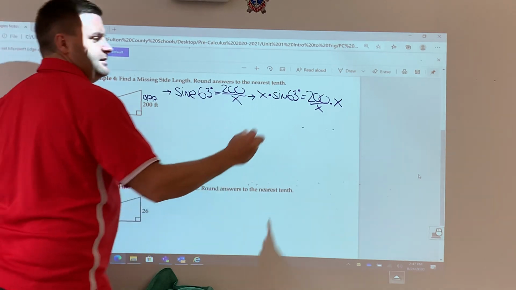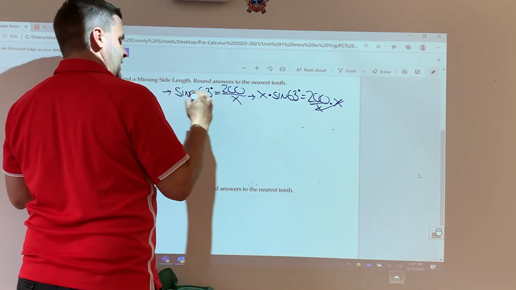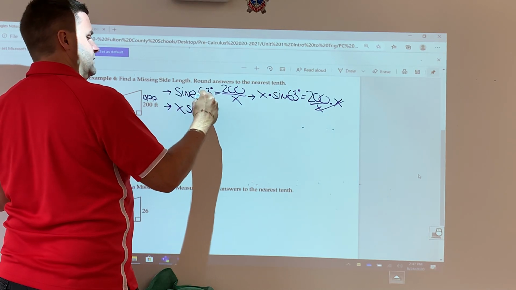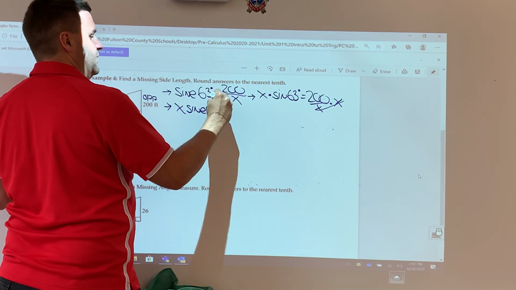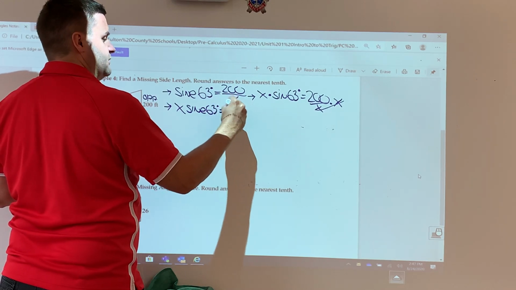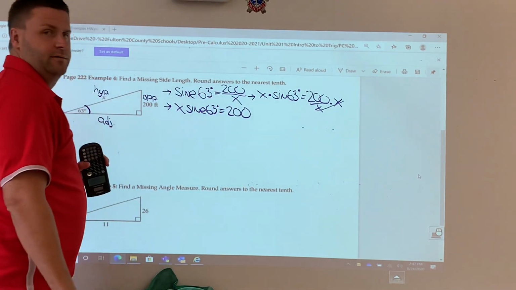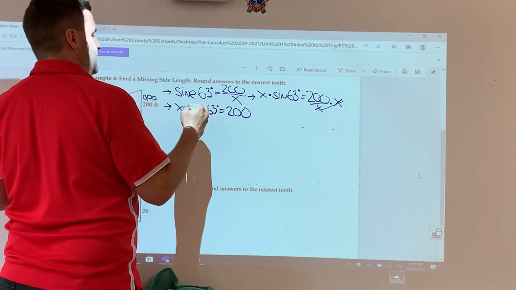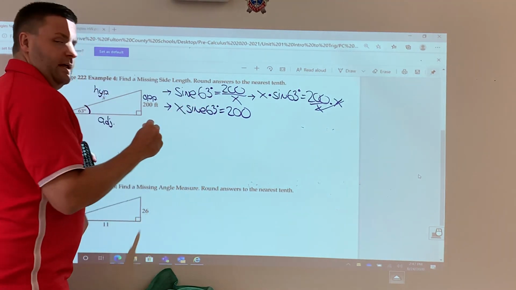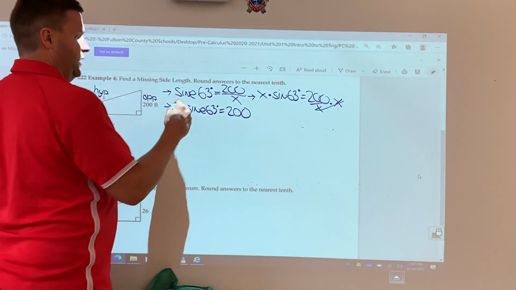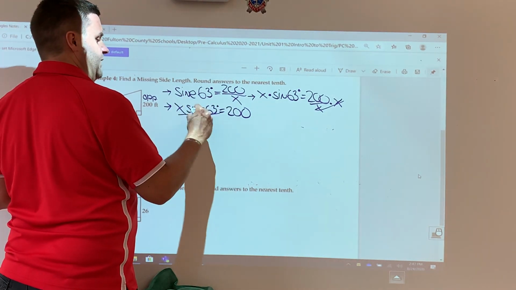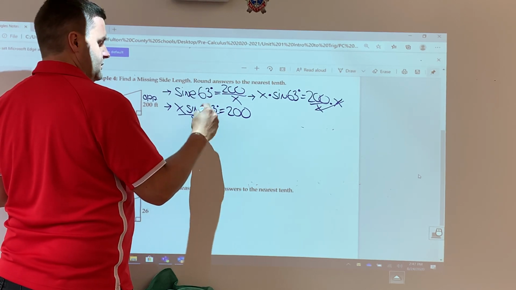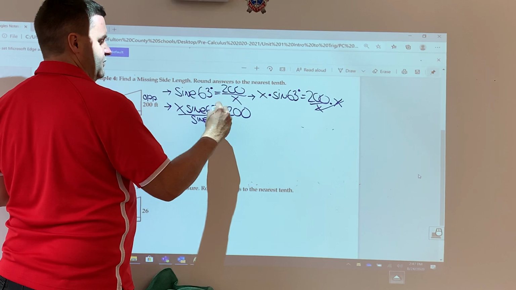And so what that does is the x's get canceled away here. And so now you have x sine 63 degrees equals 200. And now your next step is to isolate the x on the left side here. So I'm going to divide everything through by sine of 63 degrees.